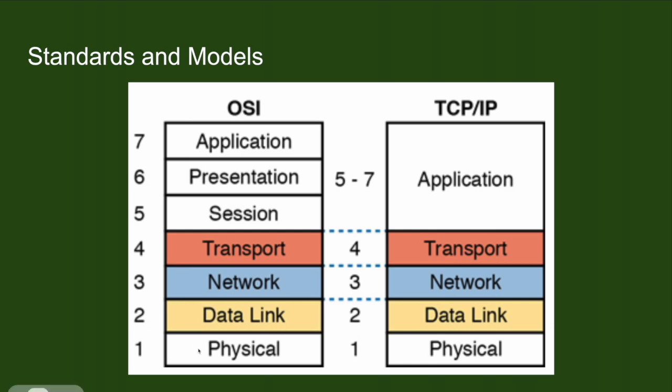For example, if you remember, we talked about the hub. Hub goes into the physical layer. And we talked about the switch, which learns about the MAC addresses and so on. That goes to layer 2, which is the data link layer.